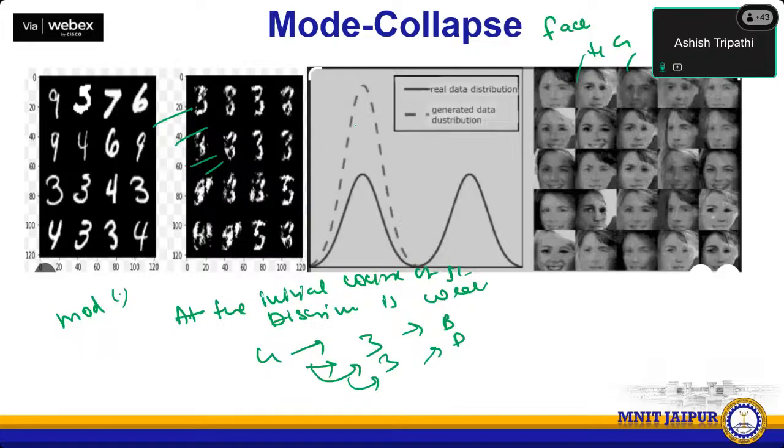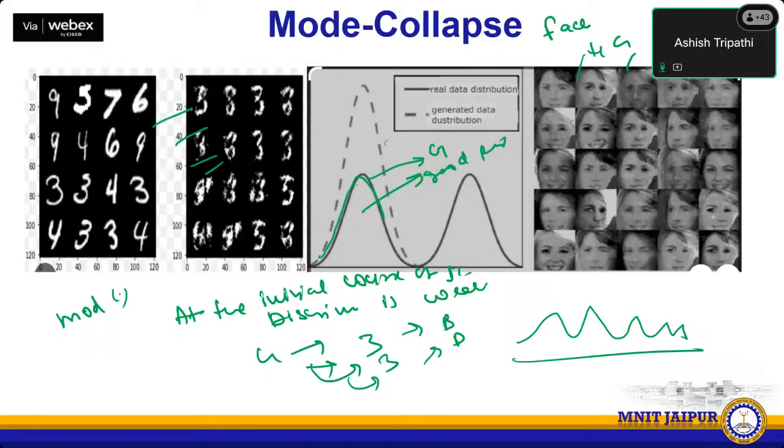So what happens? For example, this is the probability distribution. We have to achieve a probability distribution like this. And at this moment of time, generator G is getting quite good performance, because it is able to beat the discriminator in a very good way.